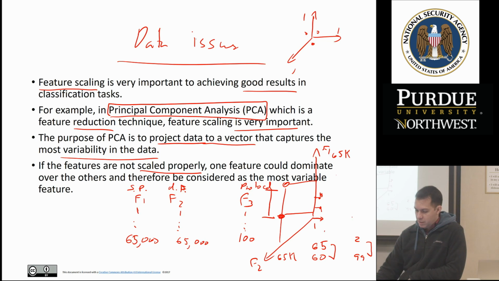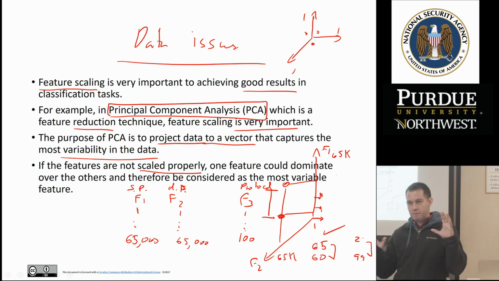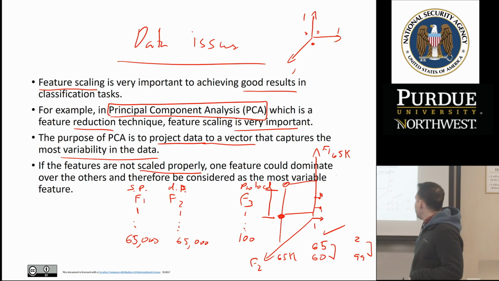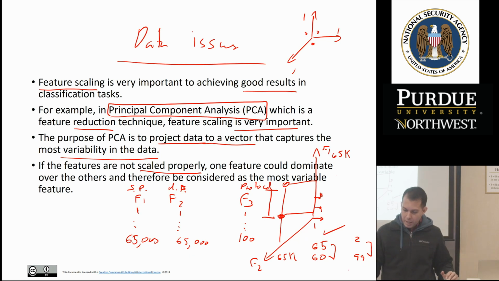So it seems like this one dominates. But in the grand scheme of things, this is only 5,000 out of 60,000, whereas this is basically 98% of the entire variability, from one end to the other end. So that's what I'm saying.